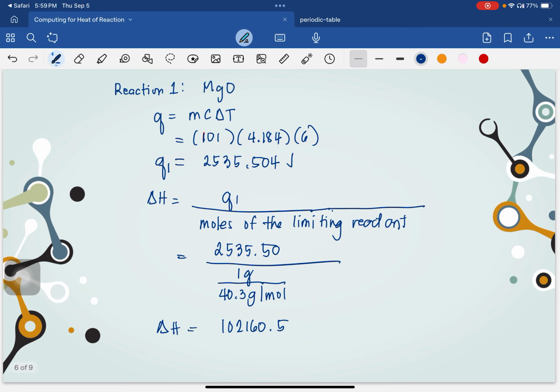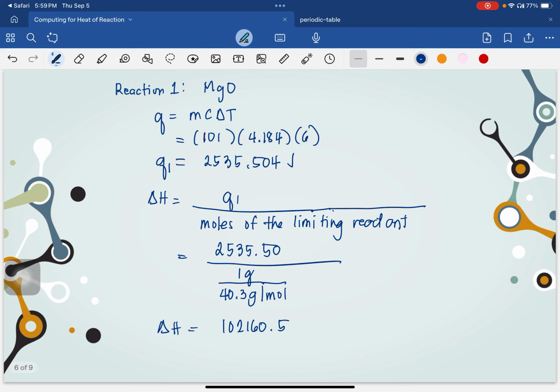If there should be differences in the decimal points, perhaps it's the c of water, or where we rounded up the decimal place that makes the difference. By the way, let's make this negative so that we can indicate that it is exothermic. So this is now in joules per mole. I'm sorry.